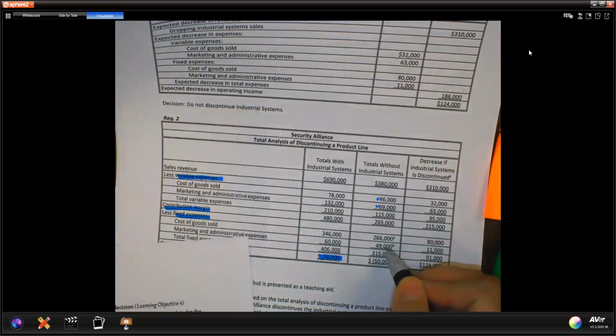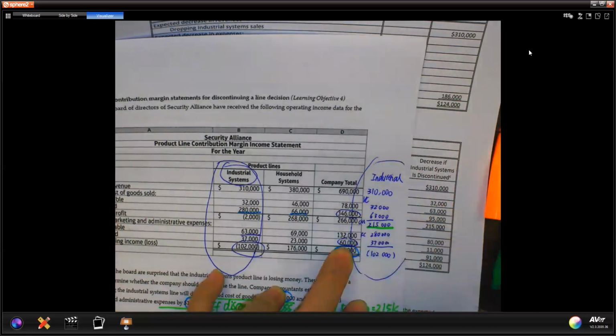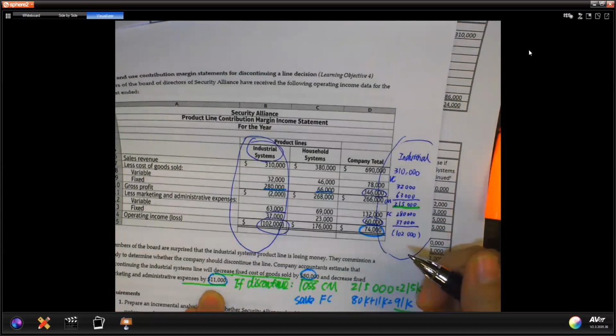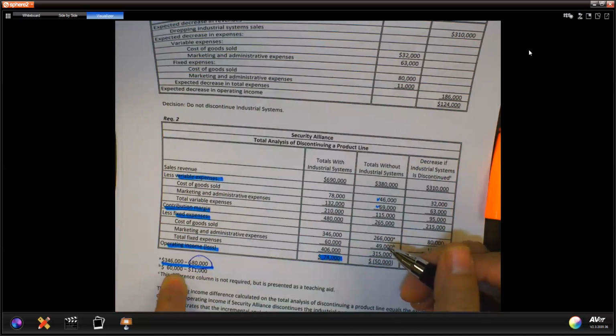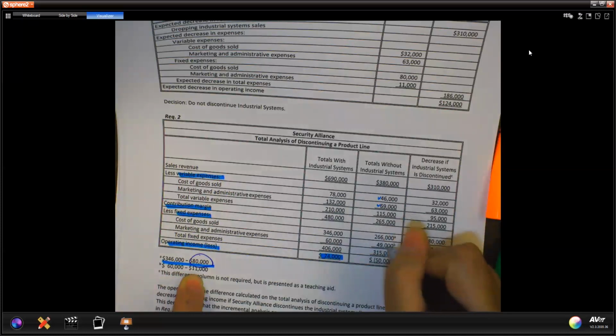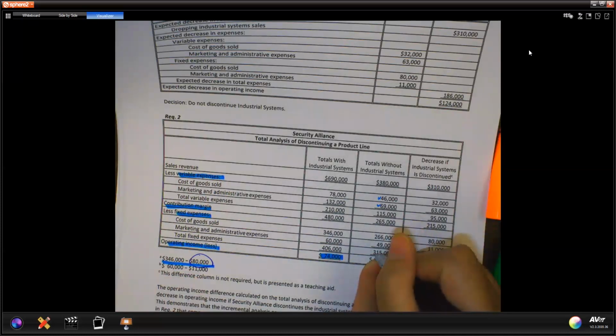And then we minus your fixed marketing. Your original fixed marketing was 60,000, but you can save 11,000 if you discontinue this product. So you will just have 60,000 minus 11,000 gives you 49,000. So your total fixed cost will be 315.